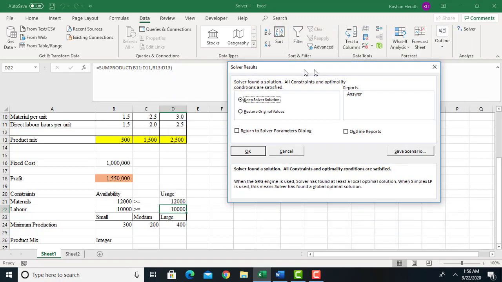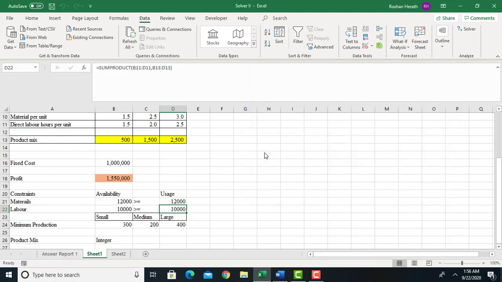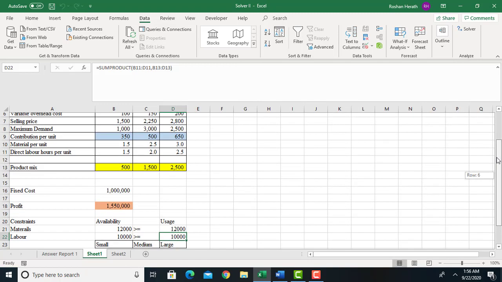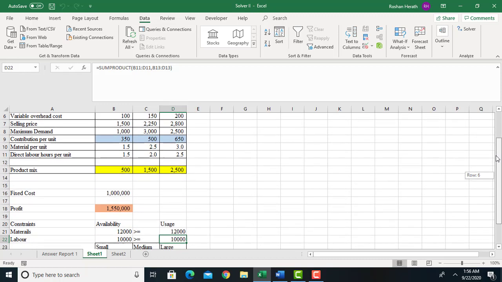You can keep the solver solution and also the answer. In the case of the examination, you need to take the solver solution as well as the answer report. So here we generate that. Now you can see this is our optimum product mix.